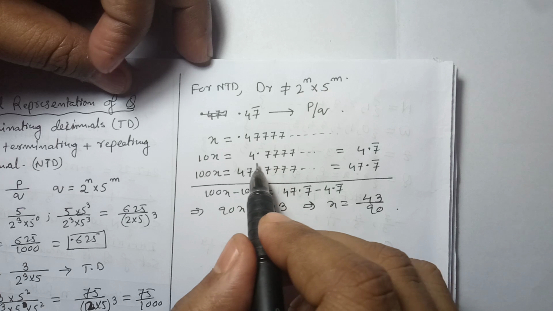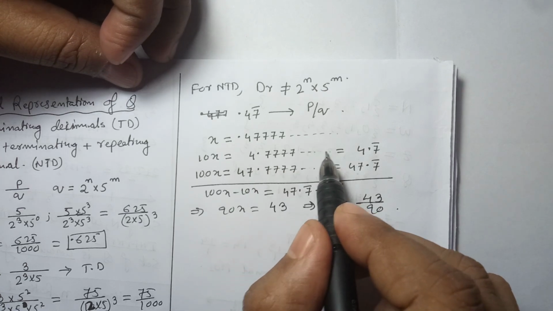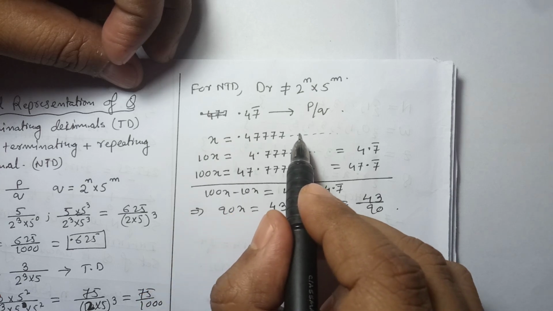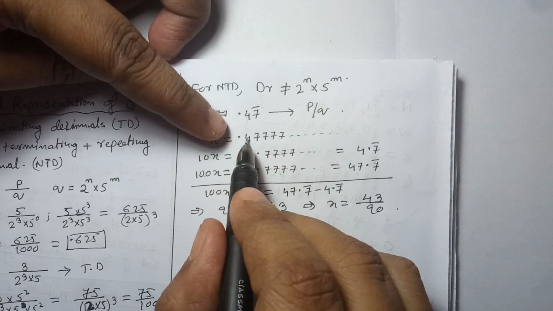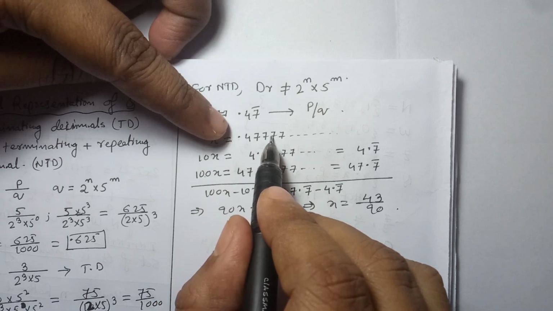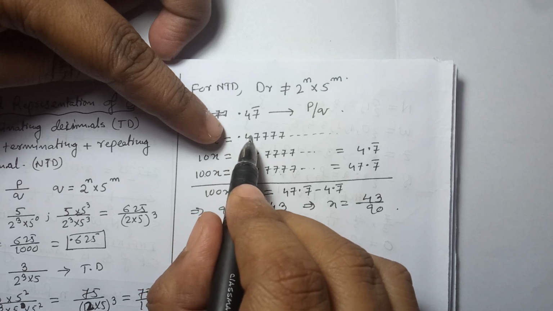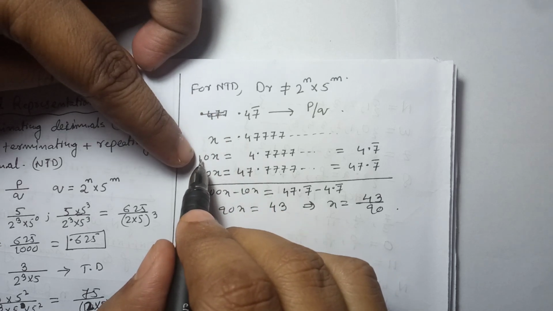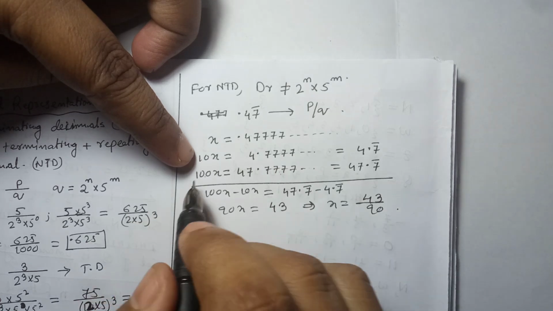Our main idea is to keep the decimal portion of the non-terminating decimal identical. So what I did, here 0.4 and the repeating part is 7, 7, 7, 7 and so on. So first, to take the point one place to the right hand side, I multiplied by 10x, 4.777777.